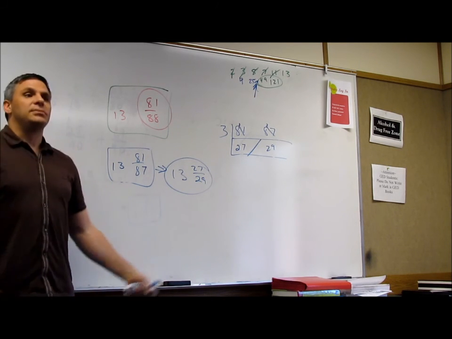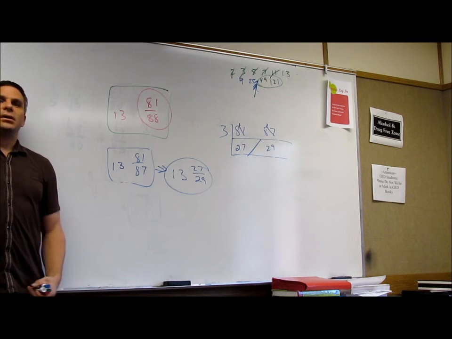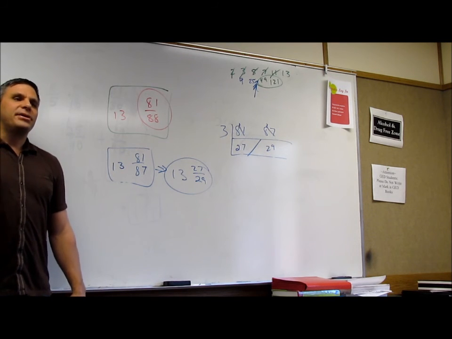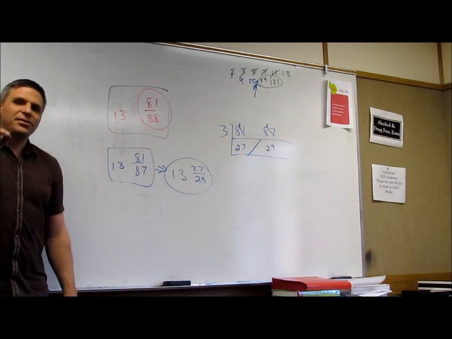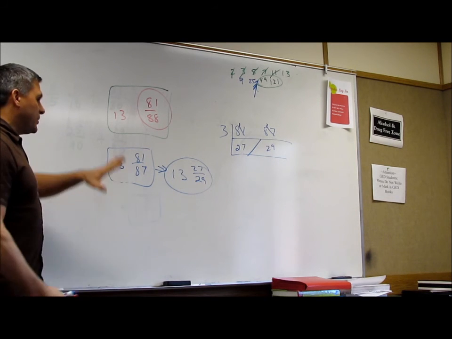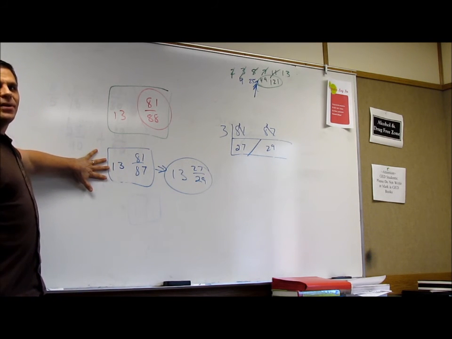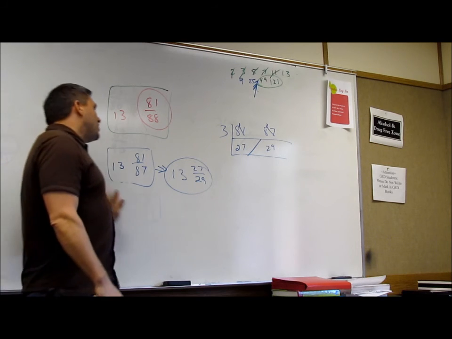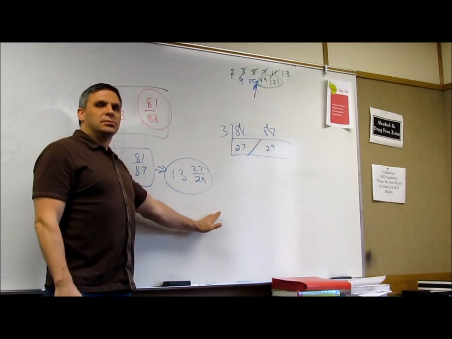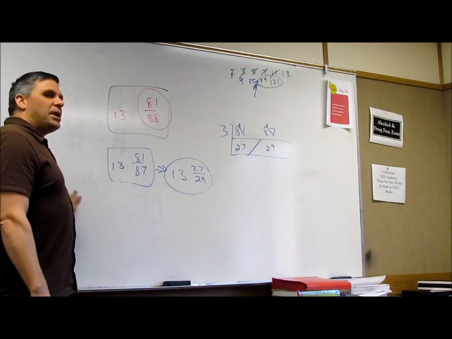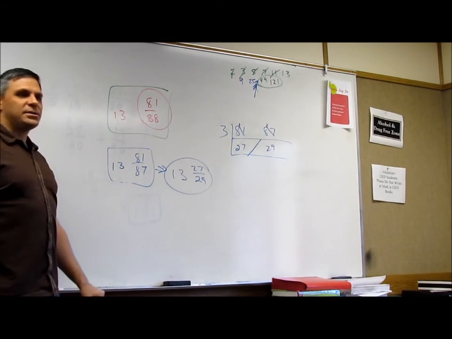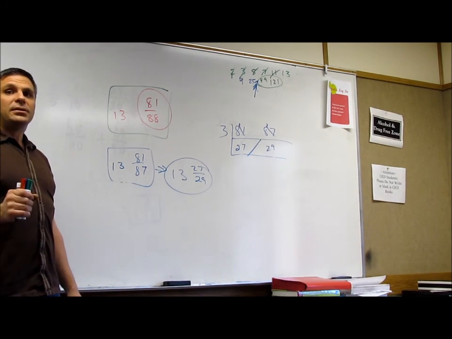You subtracted them, and you did a great job at it. But you didn't do the other half of the problem. And the other half of the problem wasn't just about subtracting. It was also about reduction. So I need you to be able to reduce the answer appropriately.